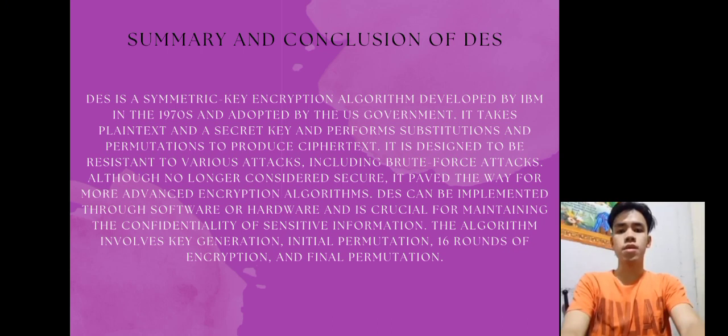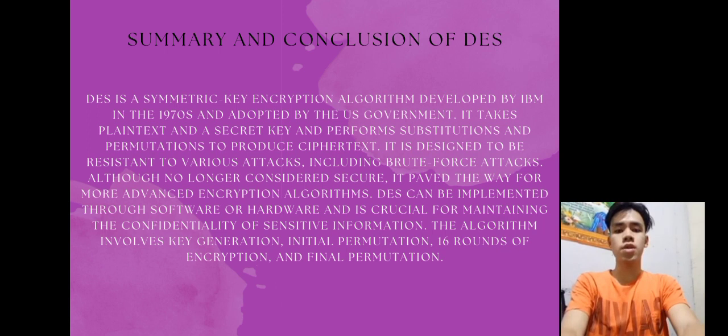In summary, DES is a symmetric key encryption algorithm developed by IBM in the 1970s and then adopted by the US government. It takes plaintext and a secret key and performs substitutions and permutations to produce ciphertext. It was designed to be resistant to various attacks, including brute force attacks, although it is no longer considered secure.